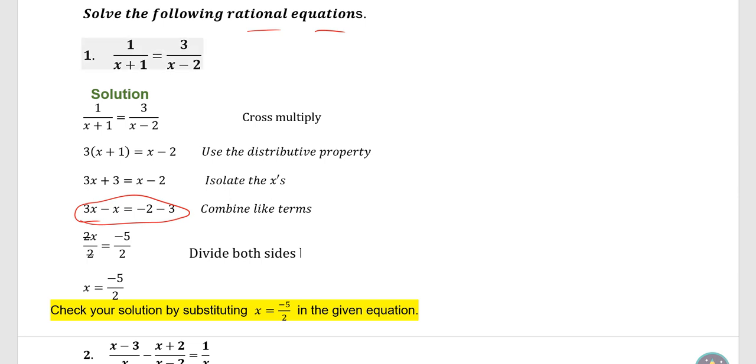Because this is pretty complex to solve as a fraction like this. So what we do is, if there's a single fraction on each side of the equal sign, we can just cross multiply, right?